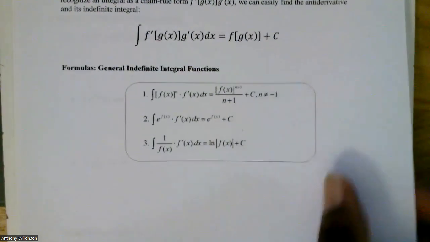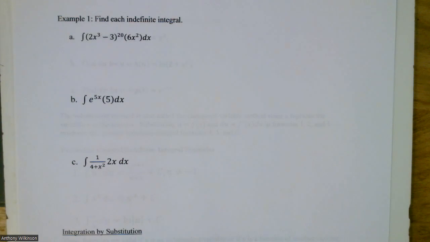So in the first example on the next page, we're just going to apply those formulas. Like in part A, we've got the integral of 2x cubed minus 3, and that quantity is to the 20th power, times 6x squared dx.